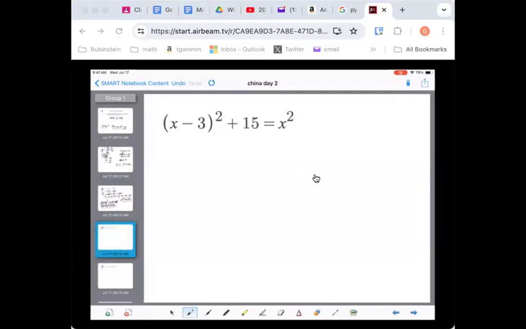Okay, now we're all on question 2. Question 2, you'll notice, has the x minus 3 squared there. That's just one step in the bigger question. So everyone work on this one and continue until you actually solve for x.